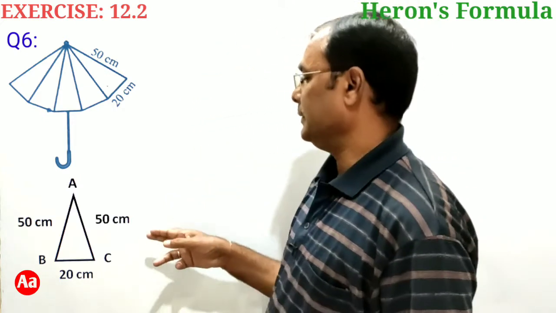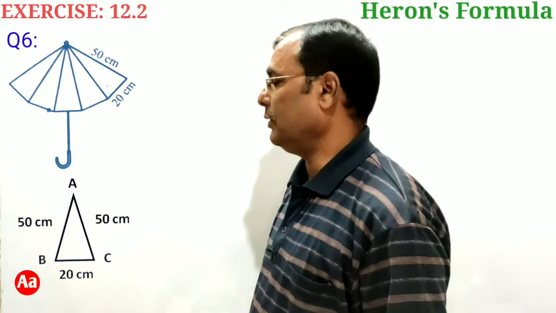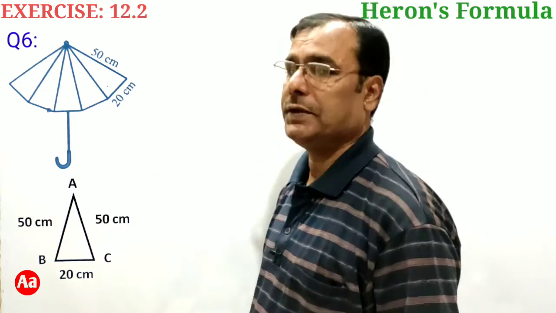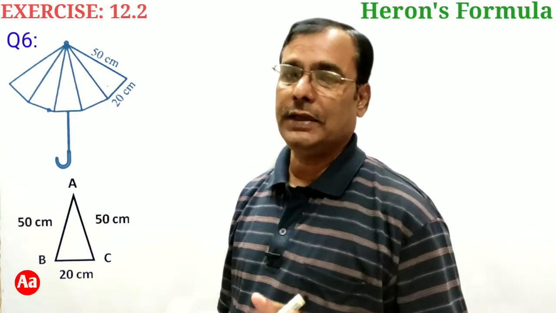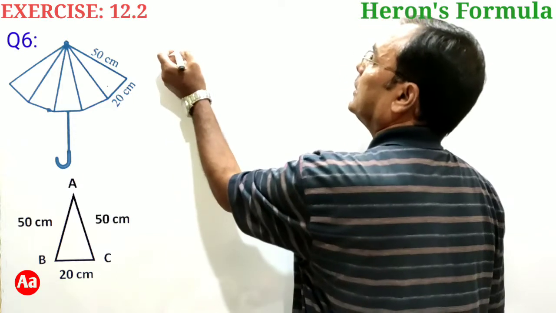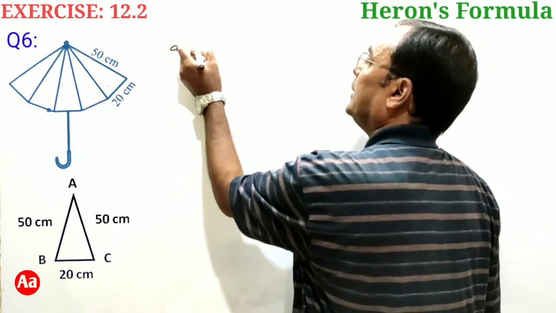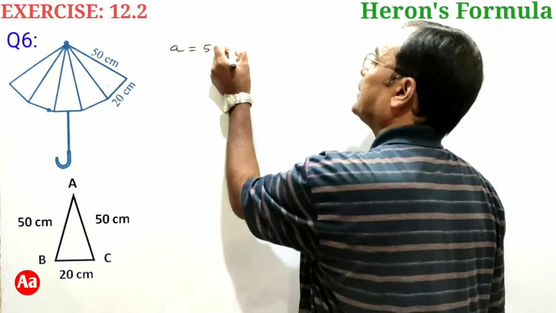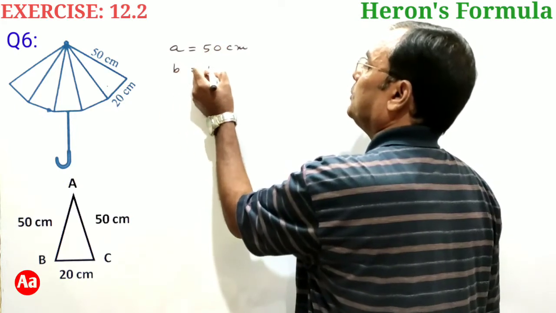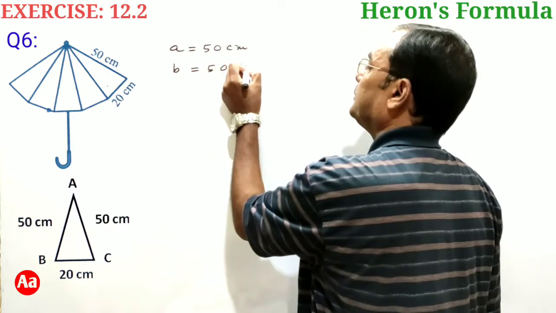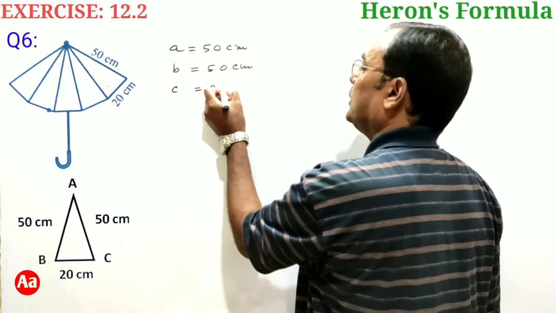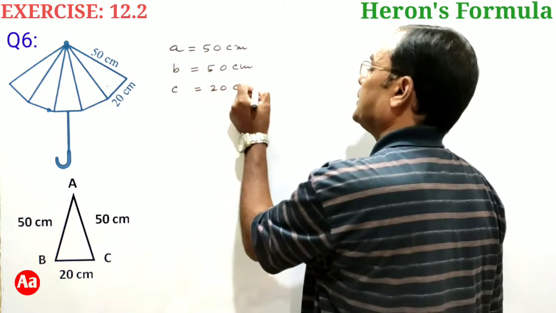Let us write the dimensions of this triangular piece of cloth, 20 cm, 50 cm and 50 cm, as a, b and c, the 3 sides of the triangular piece. So a is equal to 50 cm, b is equal to 50 cm and the third side c is equal to 20 centimeter.